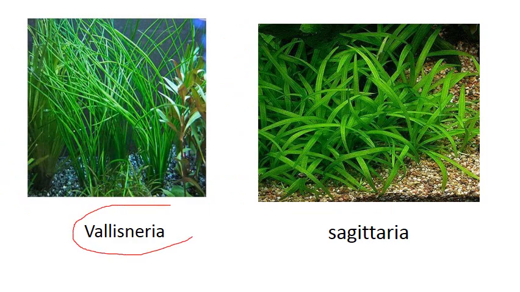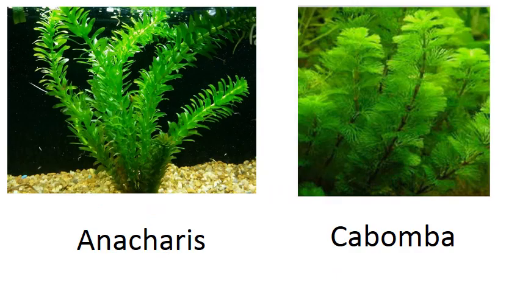Vallisneria, you can see this grass in Animal Planet, Discovery Channel. Many times we can see this. Then comes Sagittaria. This is also common. You can see many marshy lands. These are very much grown. Then comes Anacharis. Anacharis you can see in aquarium. In aquarium we are planting Anacharis for giving better oxygen to maintain health of that aquarium water.